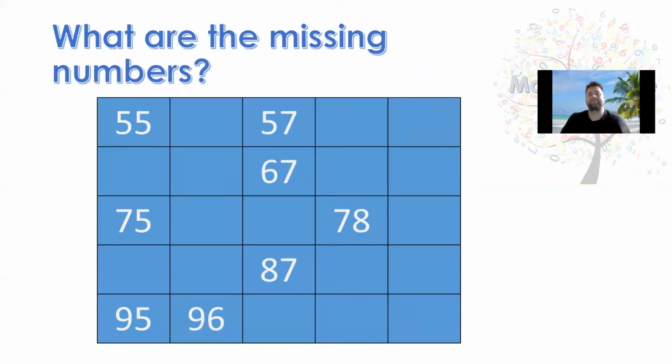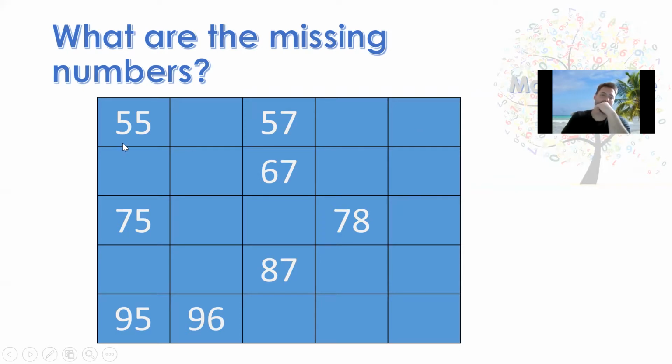Okay, here we need to figure out what the missing numbers are. So pause the video, have a look, and try to fill in what numbers are missing. I'm not going to go through all of them, obviously, but at the top here, it goes across in ones as you move along. So 55, 56, 57, 58, 59.